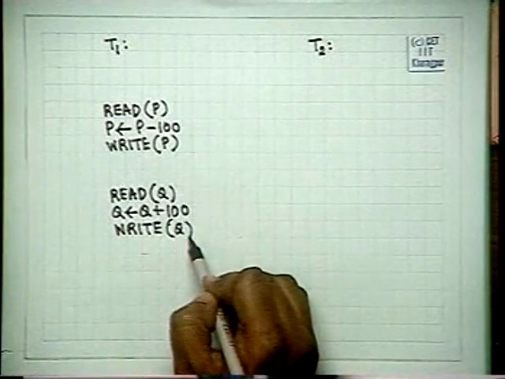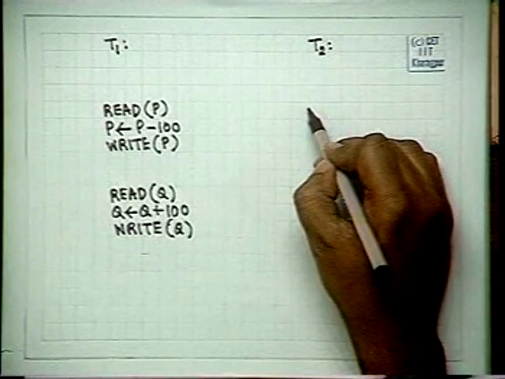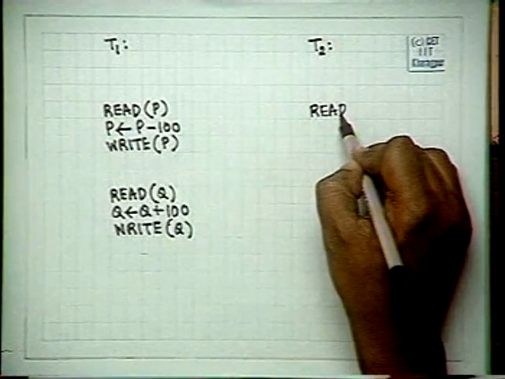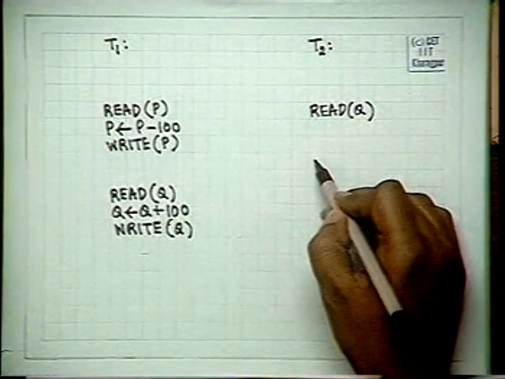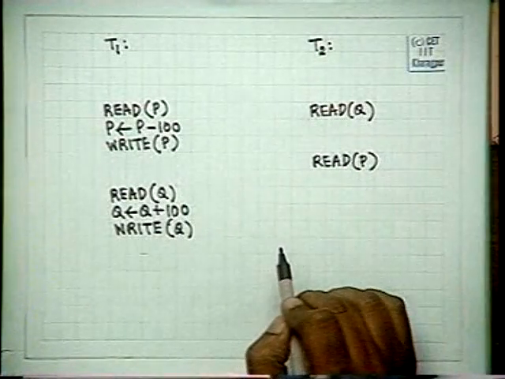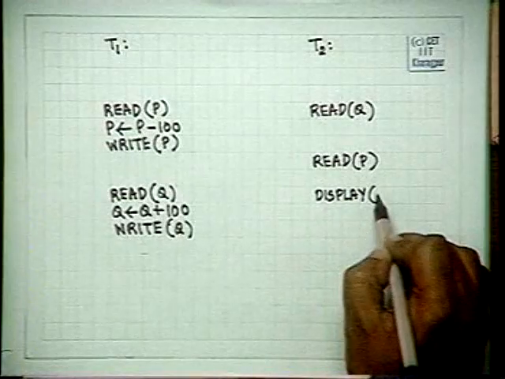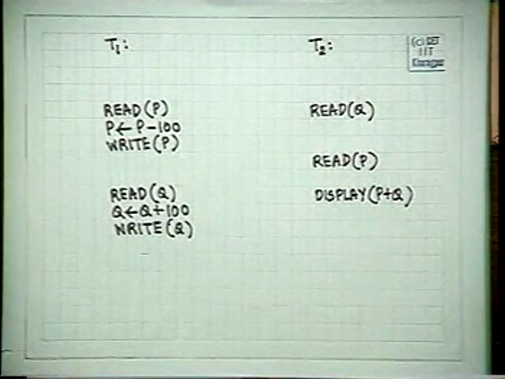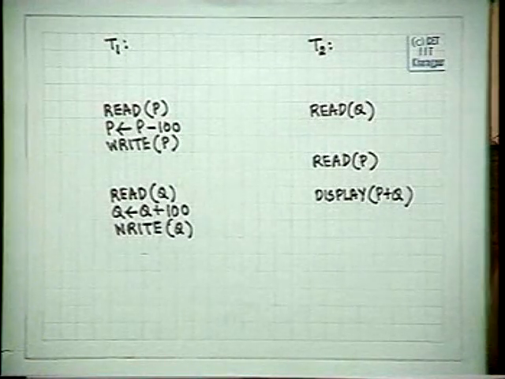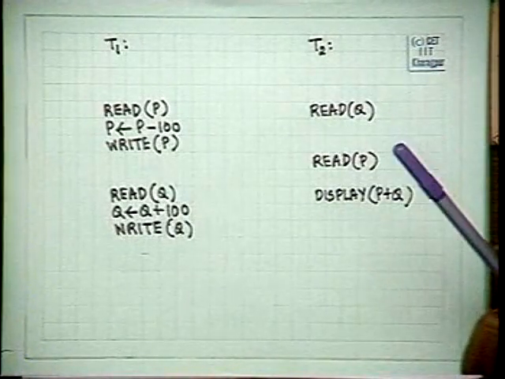Mind you, the onus is on the programmer to write a correct program. Those of you who know in operating systems the readers and the writers problem, this is the database variation of the readers and the writers problem.